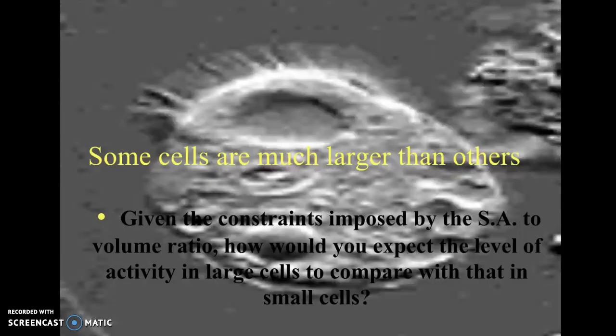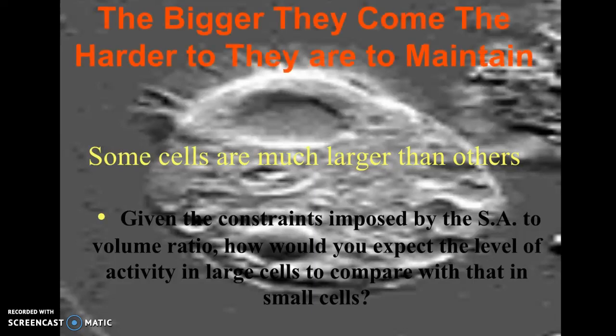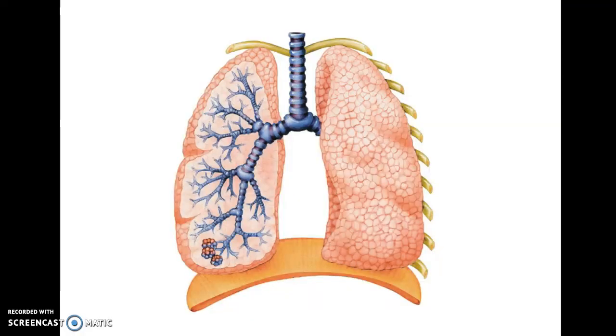So cells don't get huge, and part of that is the constraints of this surface area to volume ratio. And if they get really big, they're hard to maintain. We can see this with our lungs. Our lungs really maximize surface area to volume ratio.